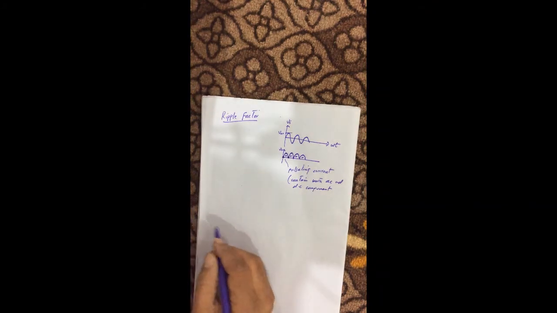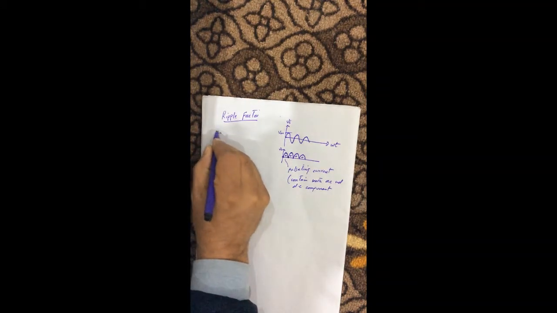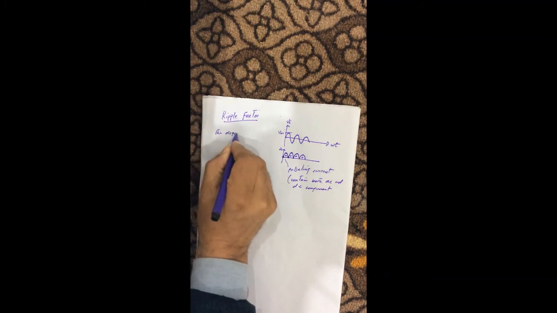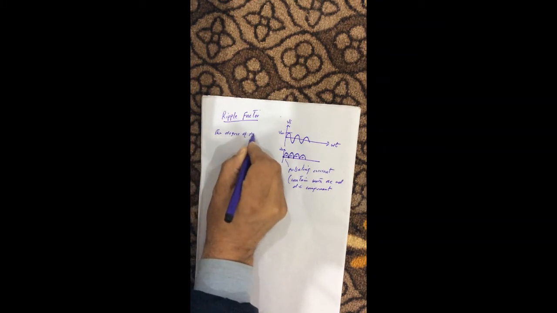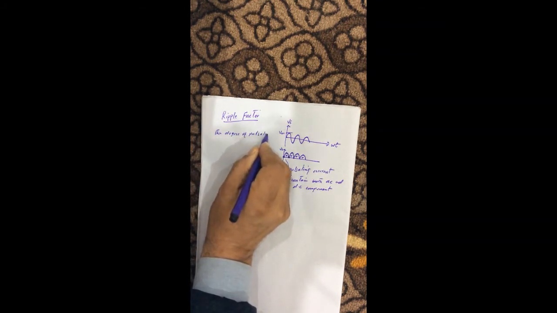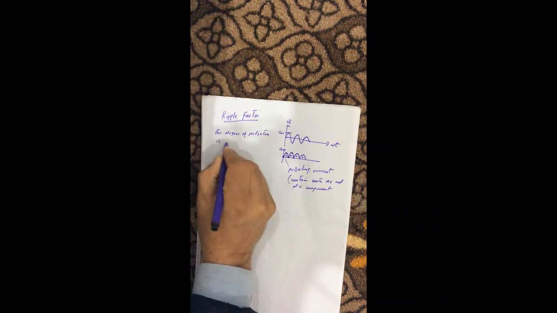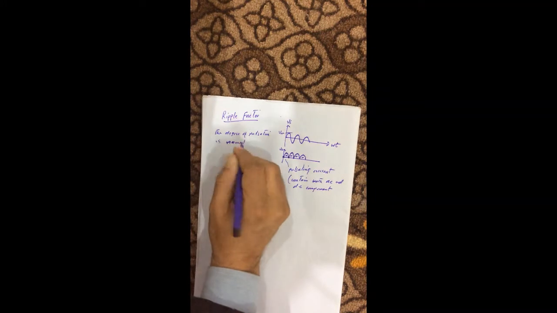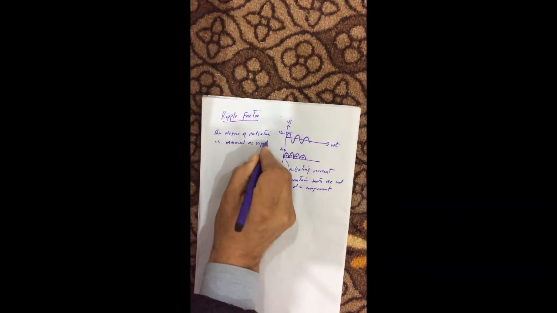Now the ripple factor tells us about the degree of pulsation, and the degree of pulsation is named the ripple factor.